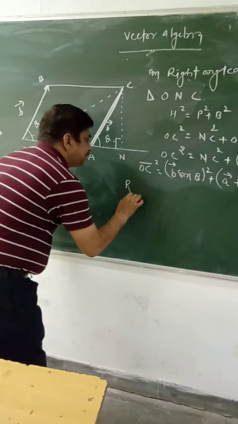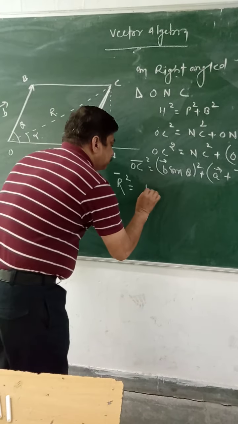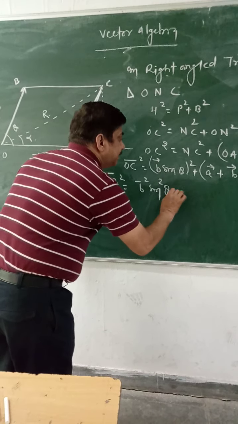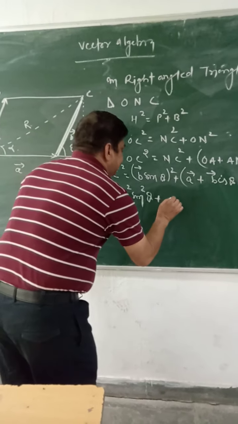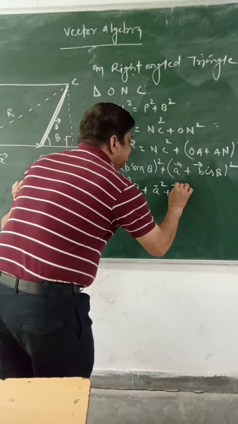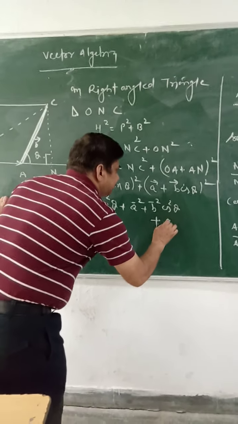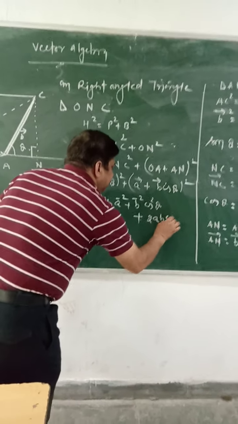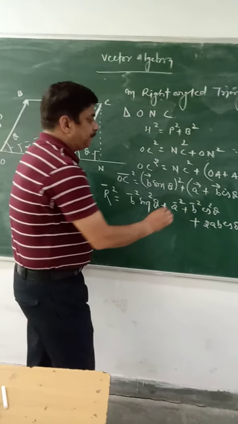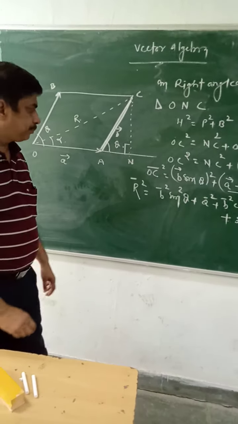So this one is vector R square is equal to vector B square sine square theta plus vector A square plus B square cos square theta plus 2AB cos theta. Here I apply the formula a plus b whole square.